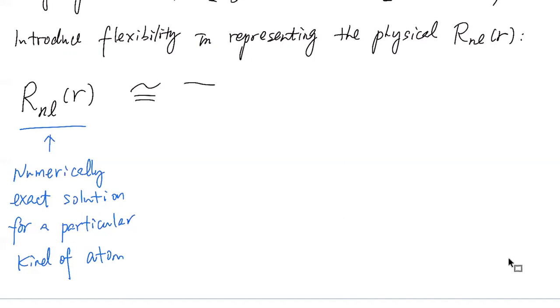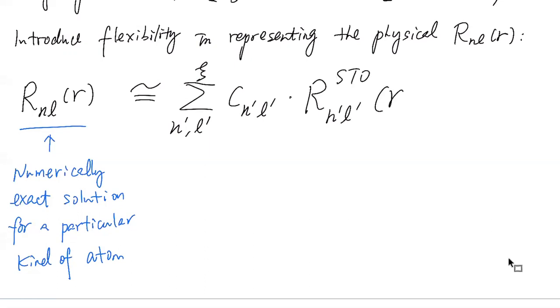You should really do a double indices summation over m' and l' of c times the STO R.